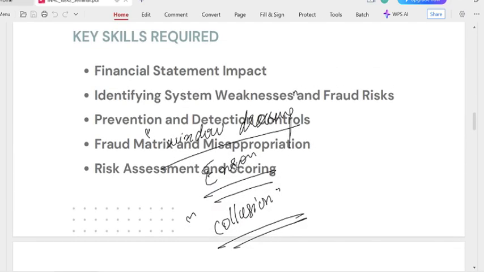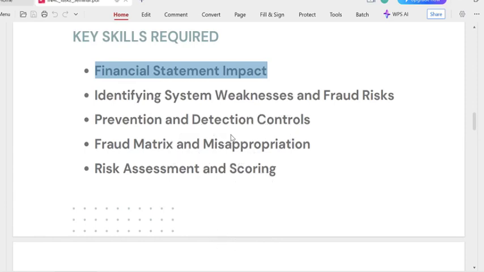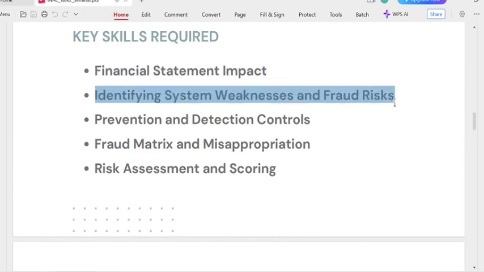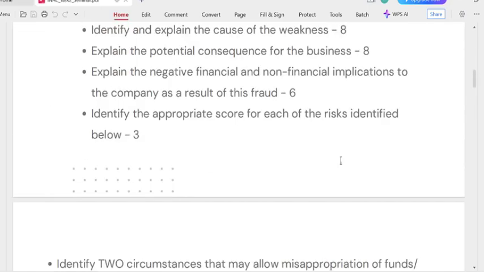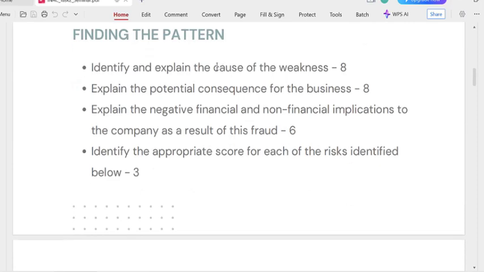So we talked about financial statement impact. The second thing we want to talk about, which is most crucial and which is basically tested for majority of the marks in your task 2, is identifying system weaknesses and fraud risks. So we learned while we were going through these questions that the examiner is asking about the identification of weakness many of the times.